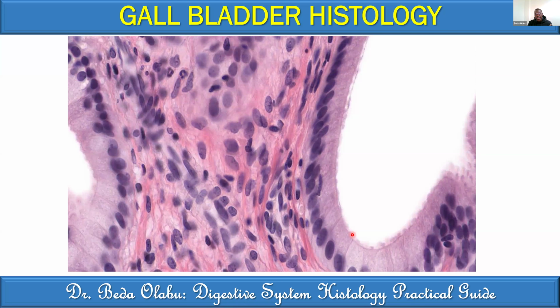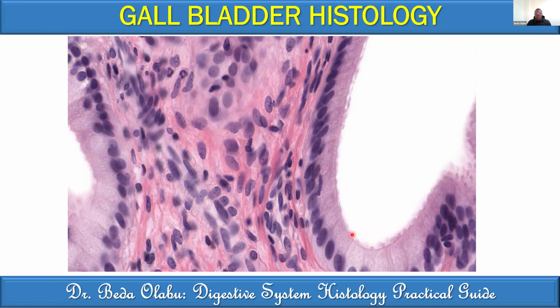In closing, I want you to remember 3 important things about gallbladder histology. 1, a highly folded mucosa. 2, a thick, smooth muscular wall. And 3, simple columnar epithelium with microvilli.